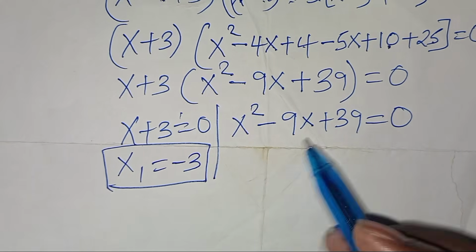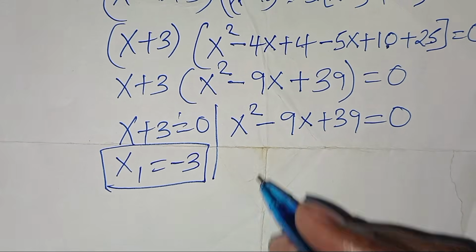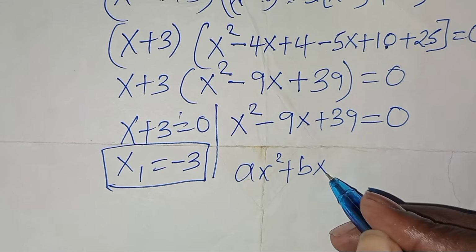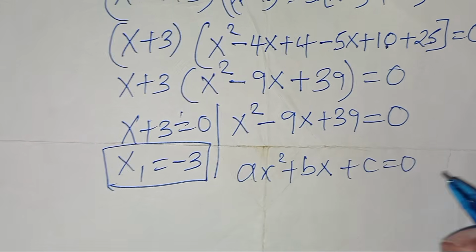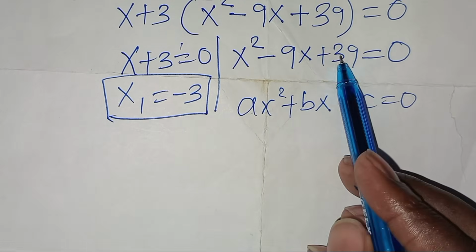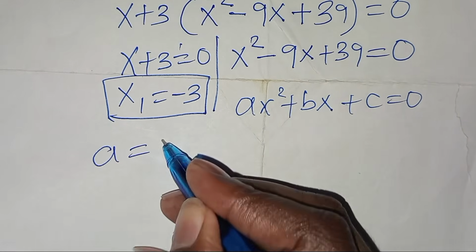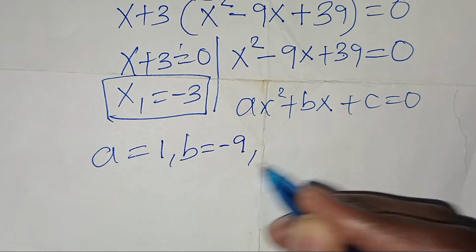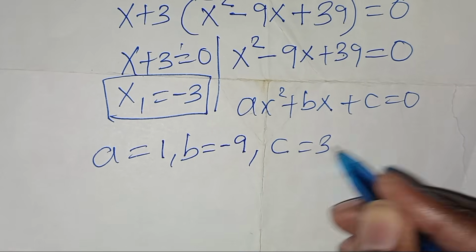Now we have the quadratic equation in the form ax squared + bx + c = 0. From this quadratic equation, a is equal to 1, b is equal to -9, and c is equal to 39.